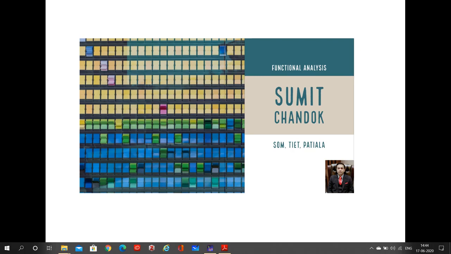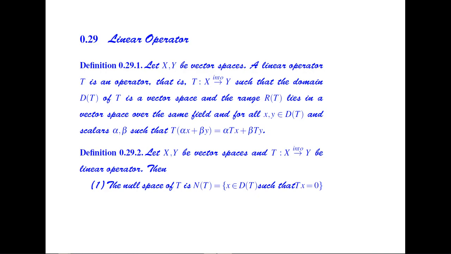In this lecture we discuss linear operators. Let X and Y be vector spaces. A linear operator T is an operator from X to Y such that the domain of T is a vector space and the range of T lies in a vector space over the same field.